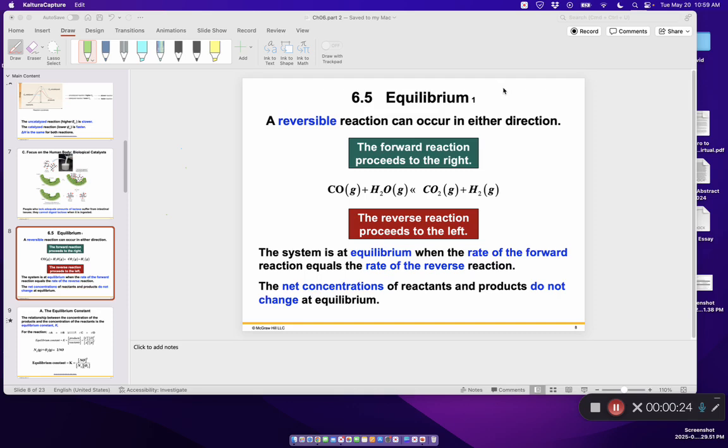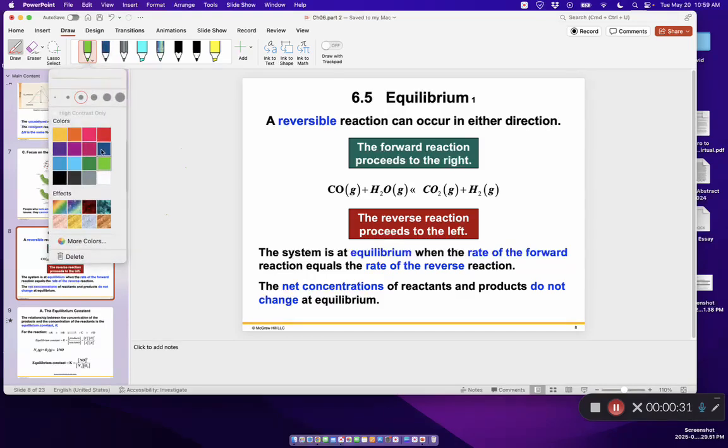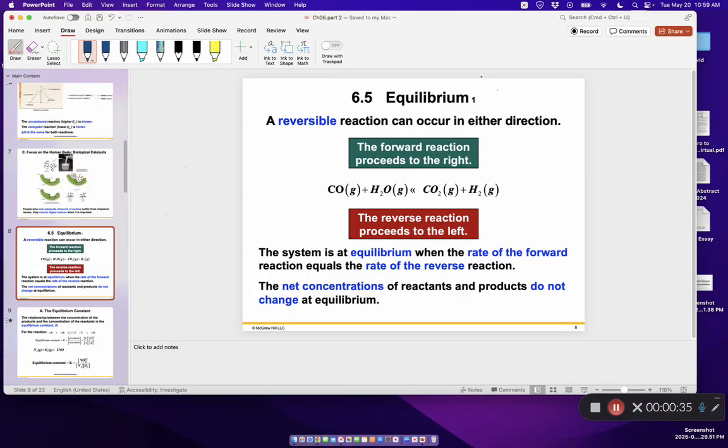It means we were talking about the reaction where the reactants collide with each other and make the product, right? So this is called an irreversible reaction because we have one way. Only the reactants are prone to make the product.